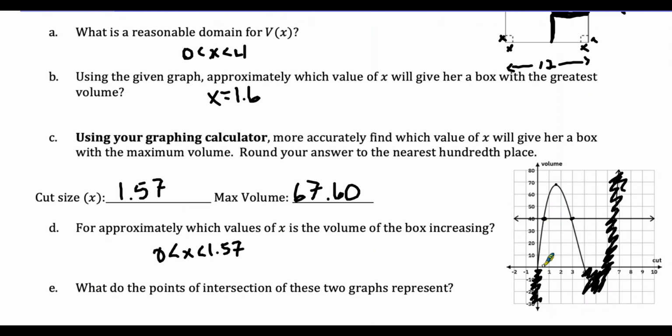So I could have a cutout somewhere between 0 and 1 here that yields a volume of 40. And then I could have another sized cutout, maybe just slightly less than 3, that would also yield a volume of 40. So the answer to part E is just these points represent the values that would yield a volume of 40.